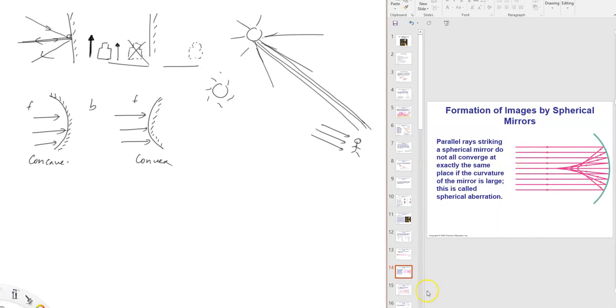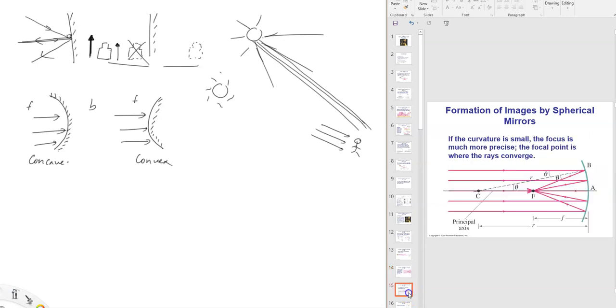Okay, so before that, let's talk about some properties. We'll start with a concave mirror. So here we have a concave mirror.